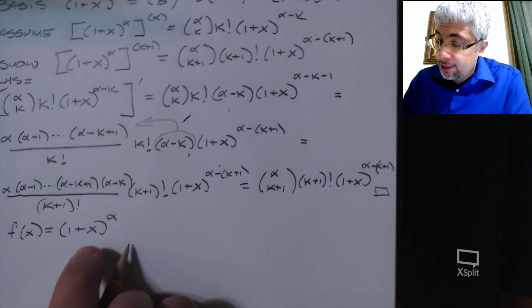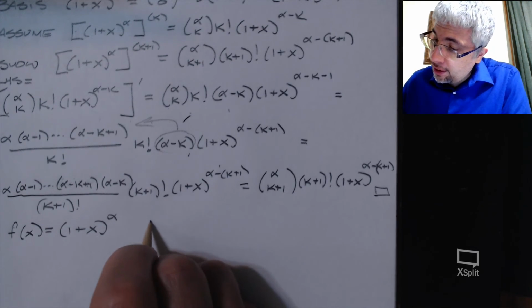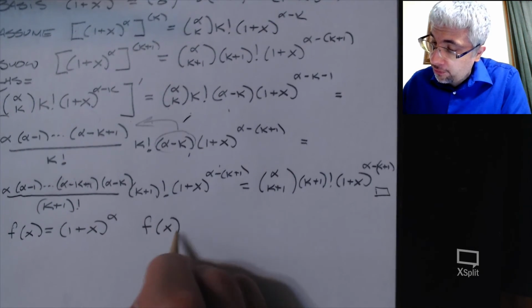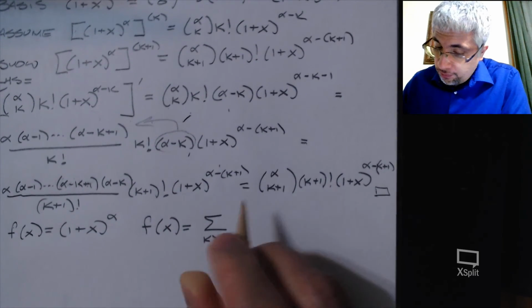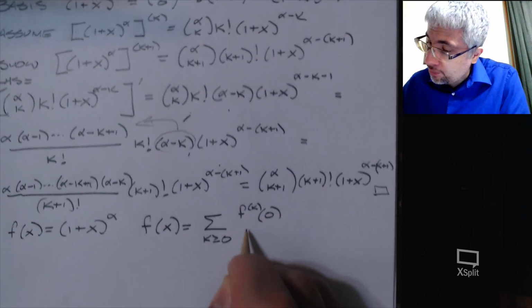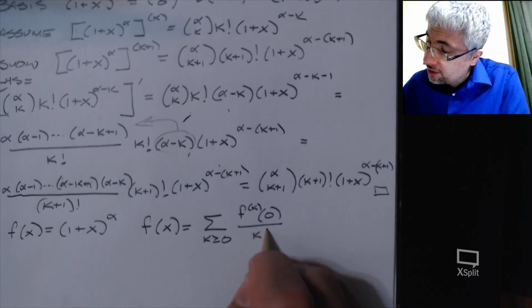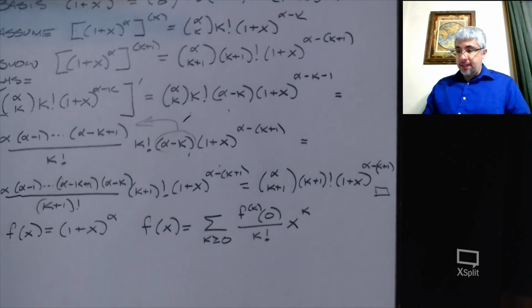So what does this tell me? Well, Taylor series says that f of x is equal to the sum over all the possible k's, where we take the kth derivative and plug in 0, we divide by k factorial and multiply by x to the k.